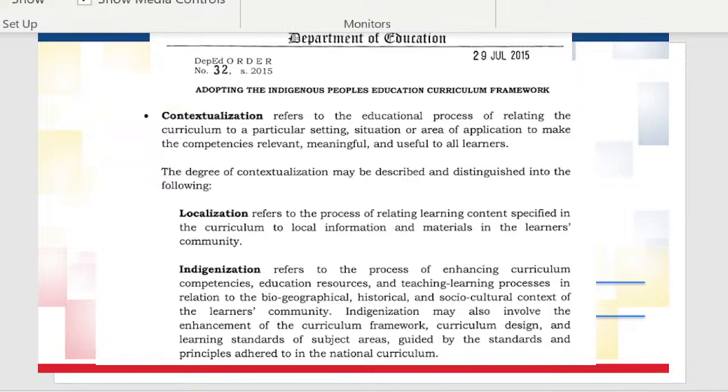Contextualization may be described and distinguished into the following. Localization. This refers to the process of relating learning content specified in the curriculum to local information and materials in the learner's community.